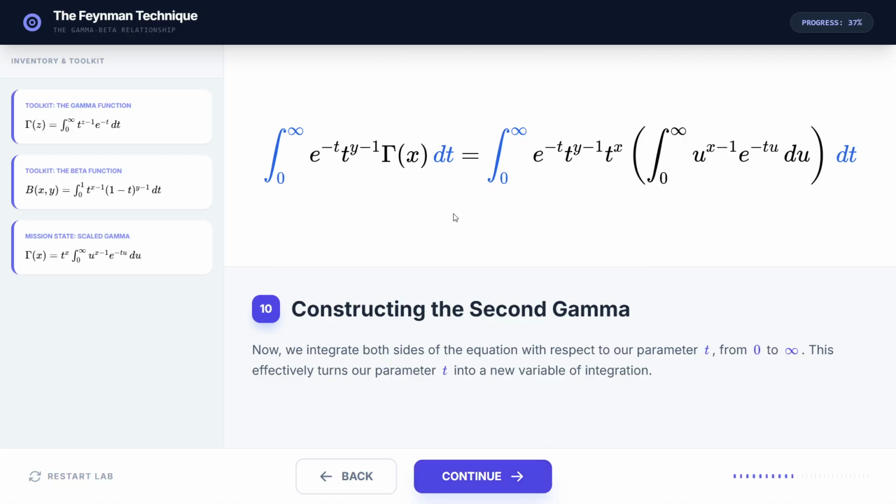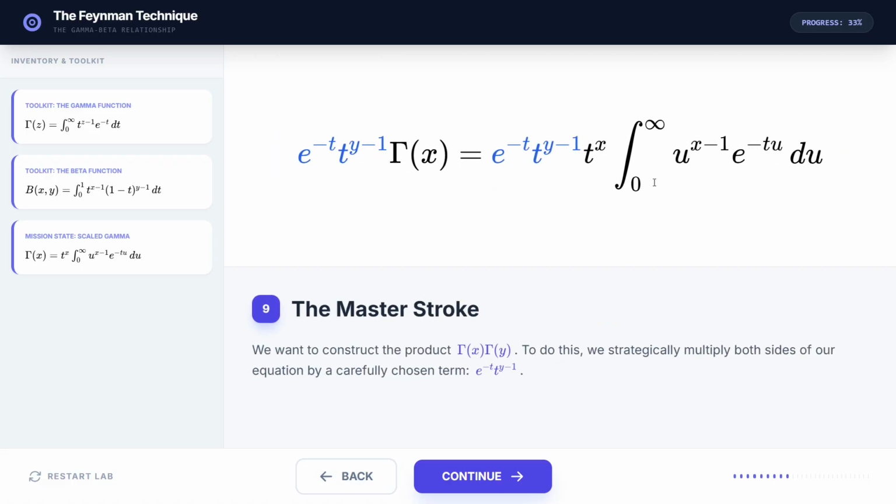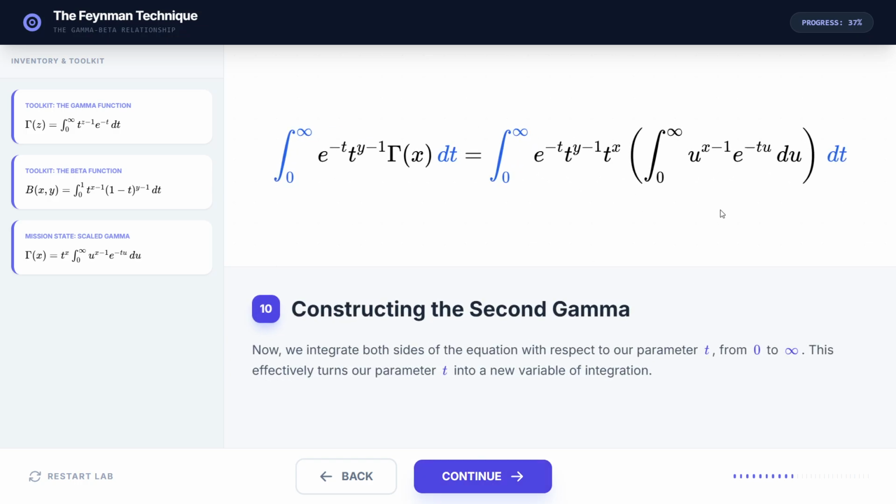Next, we integrate both sides from 0 to infinity dt. So all we literally did is took this and then just put an integral sign from 0 to infinity dt on both sides. Now you'll notice that this gamma of x is completely independent of that.